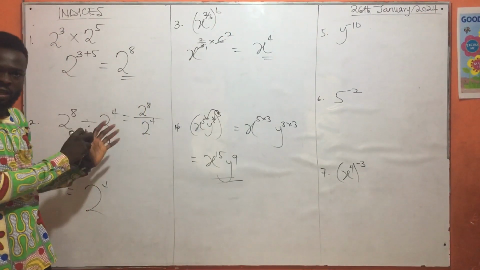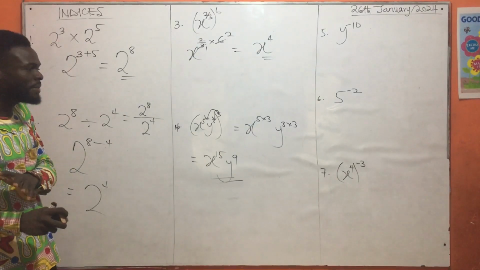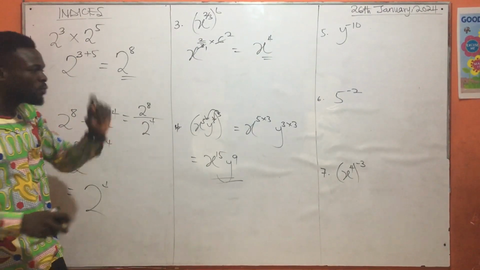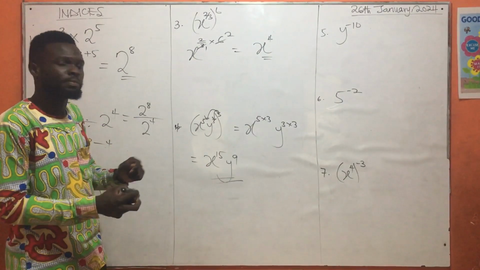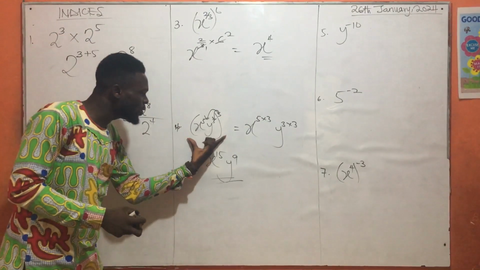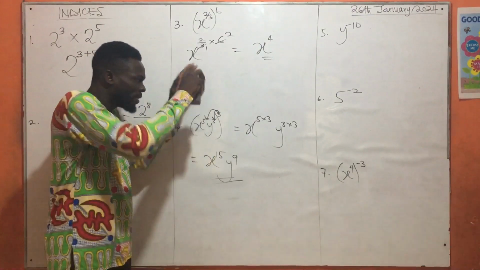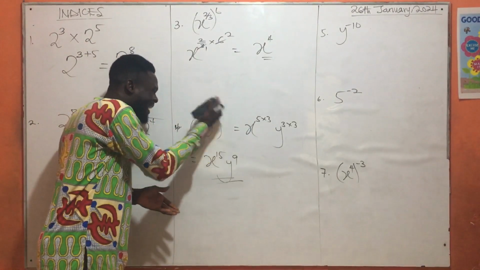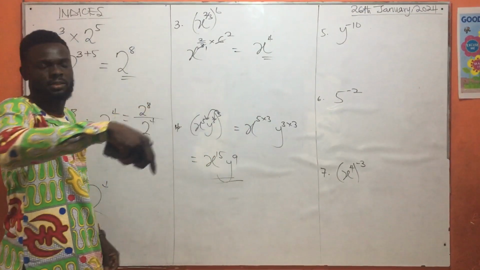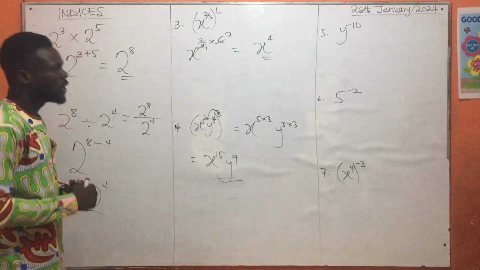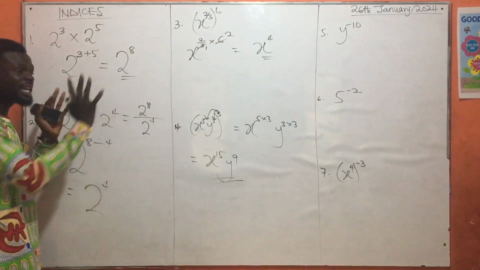They were only 3, but based on this one, we have been given 4 laws. And one of the laws that makes it 4 is that whenever you have something like this, the overall power will multiply each of the powers in the bracket. Good. So now that we know the laws, we can apply them.